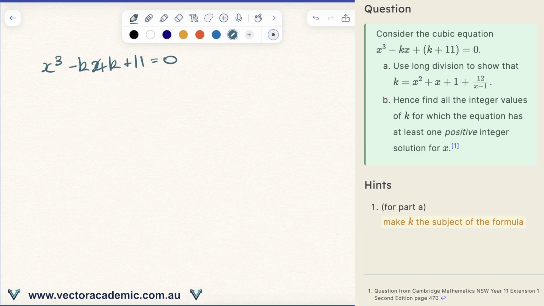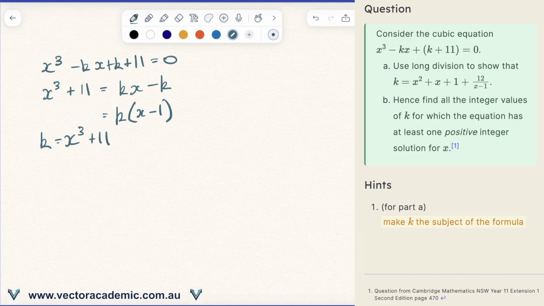So making k the subject, we have x cubed plus 11 equals kx minus k. So we have k outside of x minus 1, and then dividing we get k equals x cubed plus 11 over x minus 1.